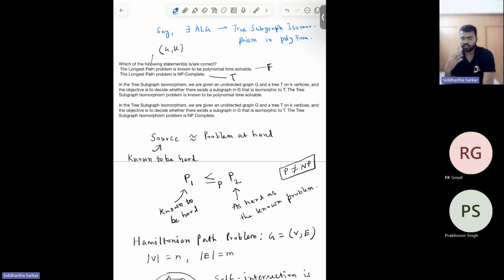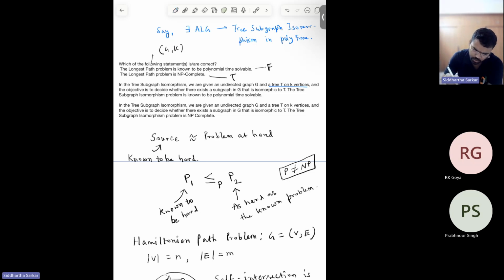The meaning of finding a longest path is just finding a k path. That means a path which is a sequence of k vertices. Okay. So I suppose that the tree on k vertices is a path instead of a tree.